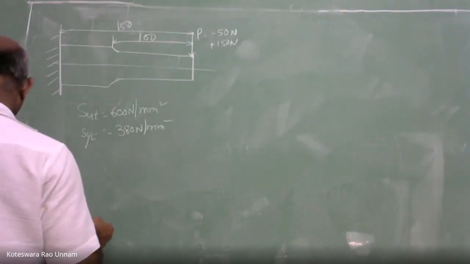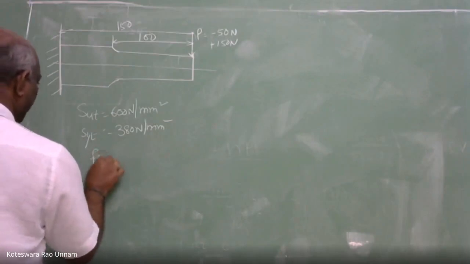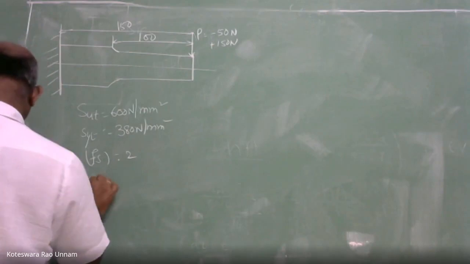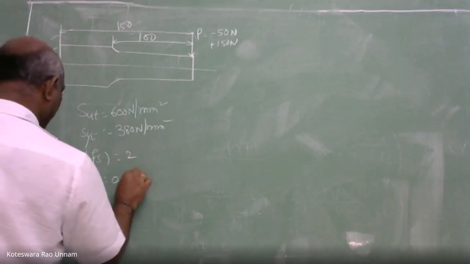Then factor of safety is given as 2 and notch sensitivity factor given as 0.9.